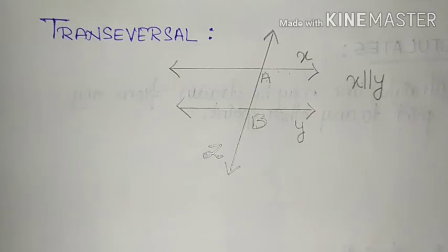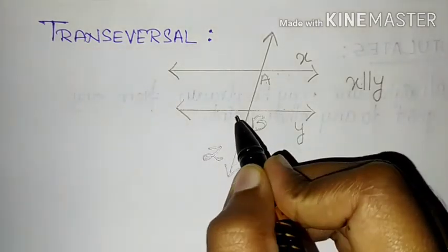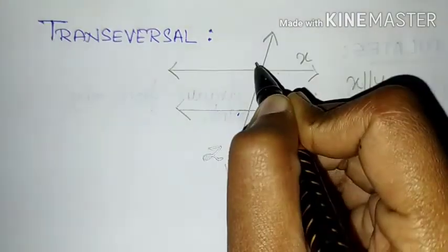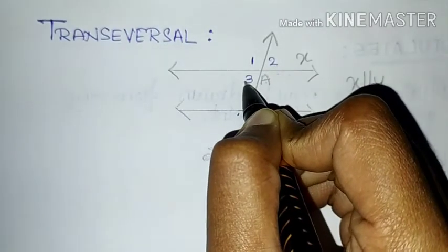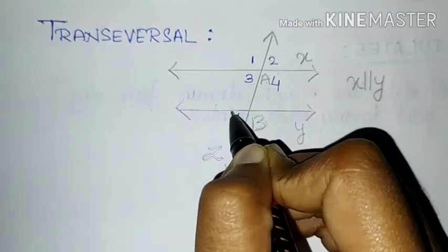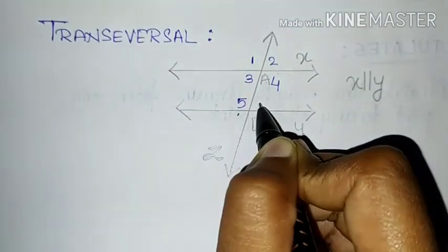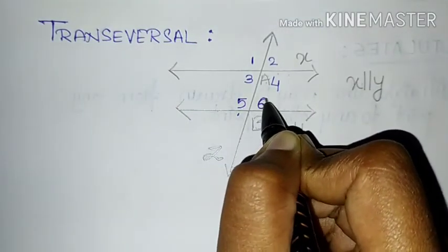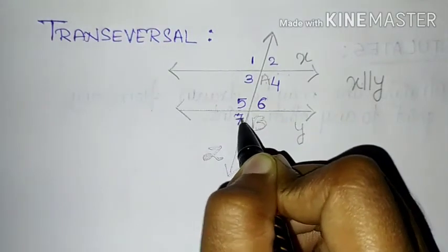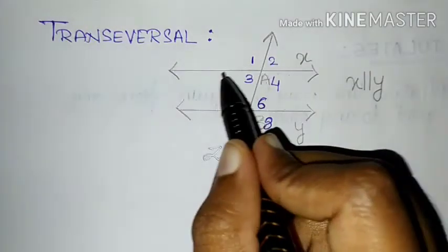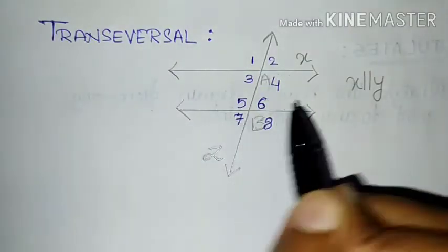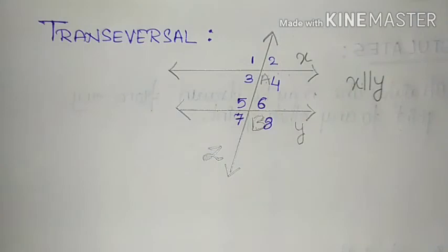If you look carefully, the transversal makes so many angles here: angle 1, angle 2, angle 3, angle 4, angle 5, angle 6, angle 7, and angle 8. So the transversal makes 8 angles with the parallel lines, and each of these angles has many interesting properties which you have learnt in your previous years.